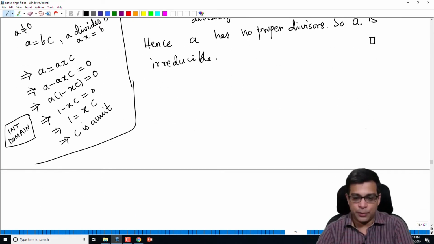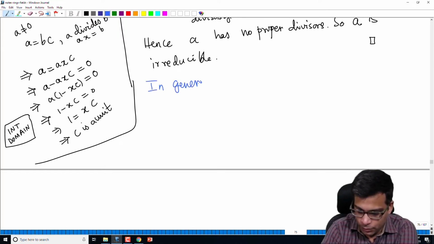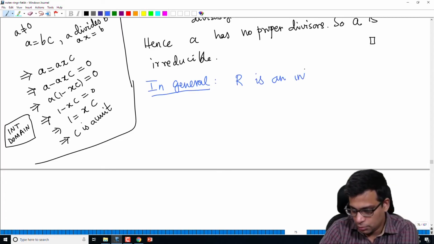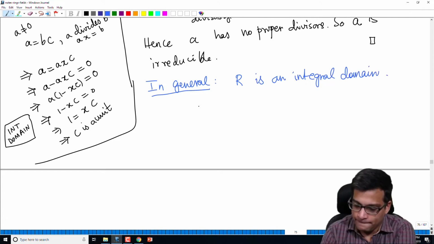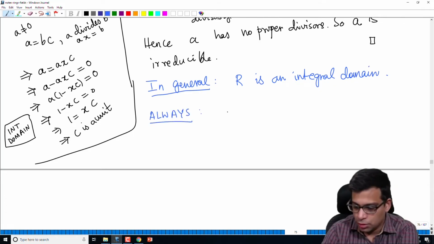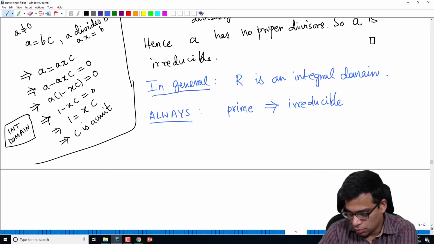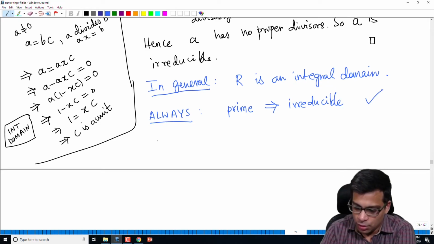So just to recap the general picture for you, I will write in general regarding prime and irreducible elements. R is an integral domain. Always the following is true. Prime implies irreducible. This is always true, as we showed just now in this proof.